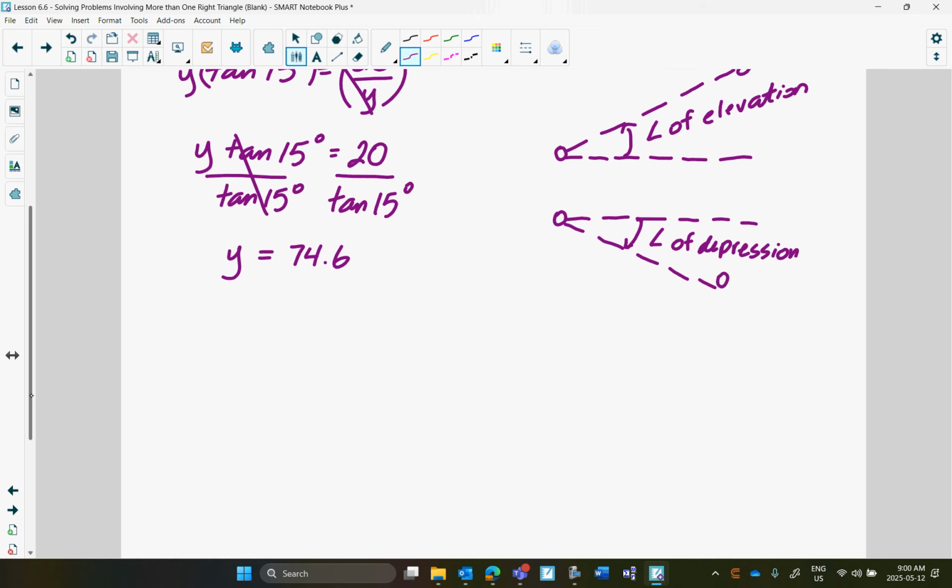So this time it's going to be the tan of 30 degrees equals opposite x over adjacent 74.6.